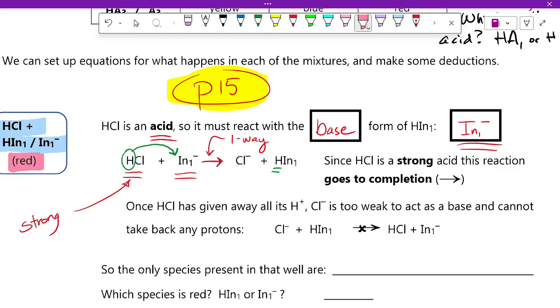And if this is a one-way arrow, that means that the species over here has to be red. So the only species present in that well at the end of that reaction are the products. So we are looking at Cl minus and HIn, and HIn therefore must be red.